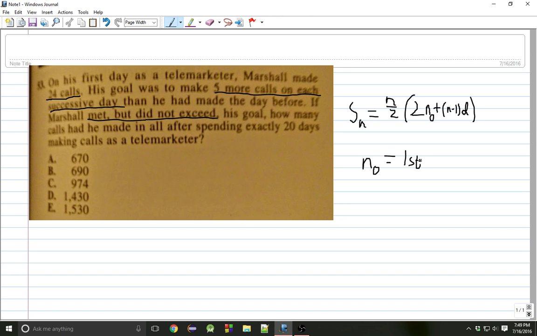In this case, what is the first term in our sequence here? We start with 24 calls. So n not 0 equals 24.